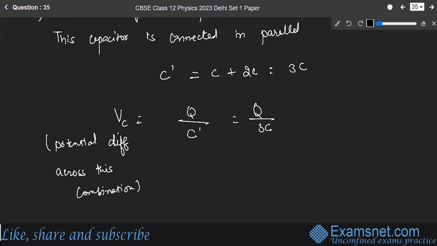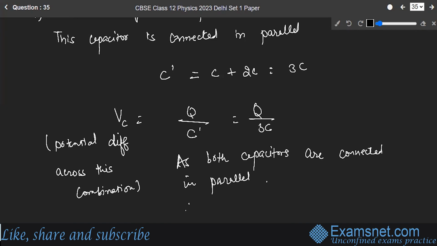As both the capacitors are connected in parallel, therefore the voltage of both will be same. Hope you're clear with this.